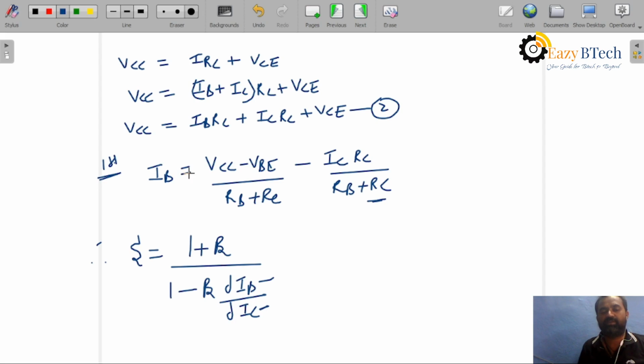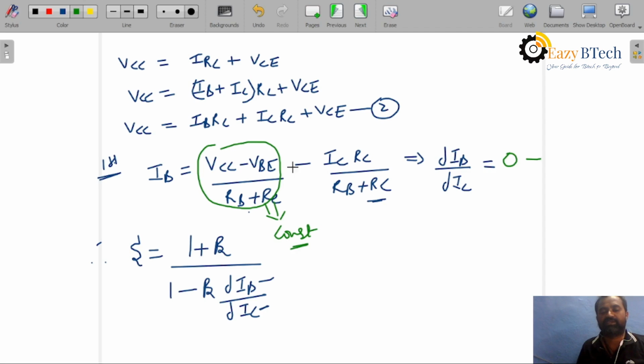Now this is the IB equation. If you differentiate this equation, differentiating IB with respect to IC, here you cannot find any other term, it is a constant. The derivative of a constant is 0.